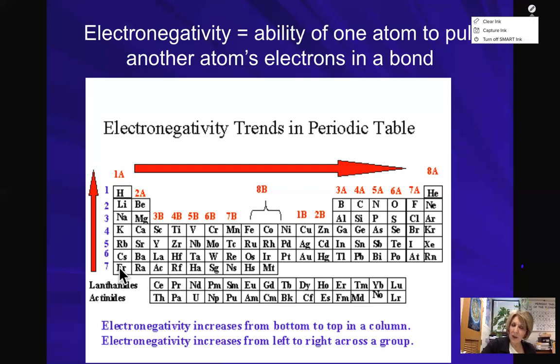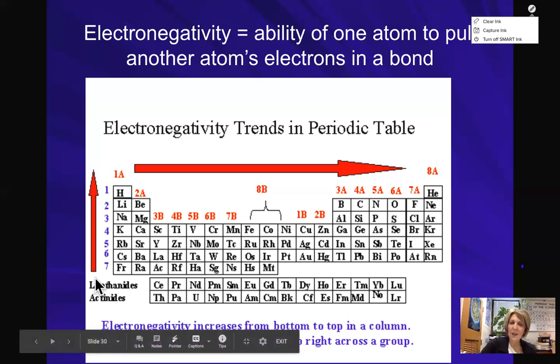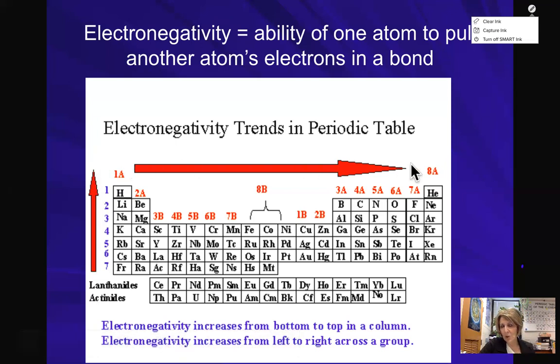Our other F is francium. Let's think about francium. Francium is a big, fat atom that has a very weak Coulombic attraction, right? Because the pull from the protons way out here to the electrons is very, very weak. My gosh, francium can barely hold on to its own electrons. It is not going to be pulling off yours, okay? And so I can see the trend here. The trend is going to be increasing as I go up and increasing as I go to the right.